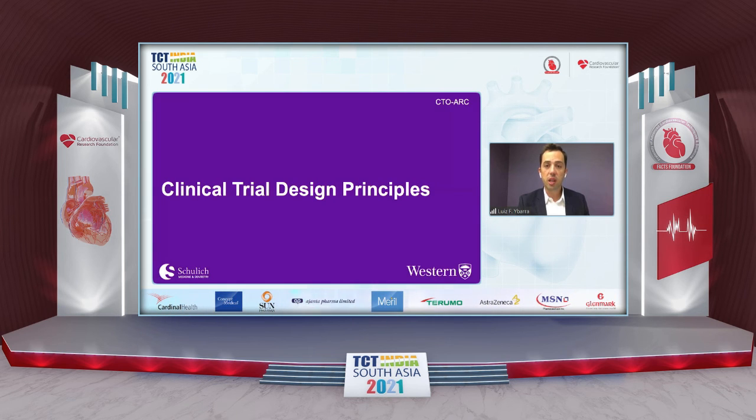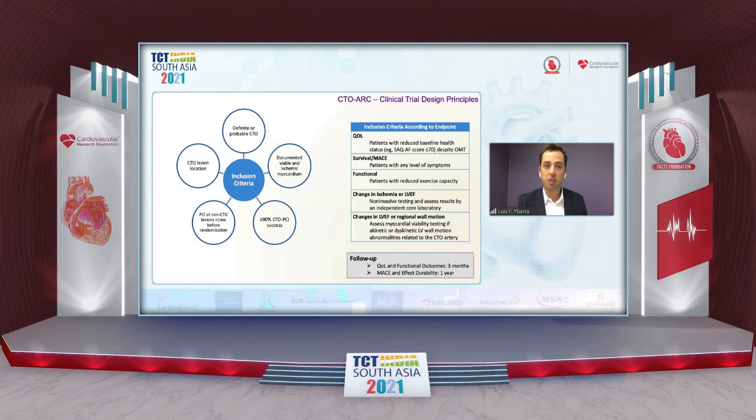On clinical design principles, which I find the most interesting part of this paper, there's a lot of discussion about the inclusion criteria for CTO trials. Of course, it's going to depend on the population and objective of the trial. You have multiple that you could choose from.